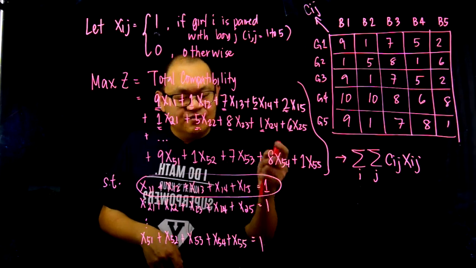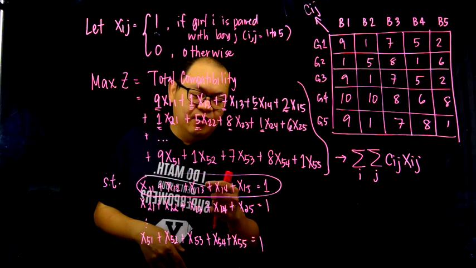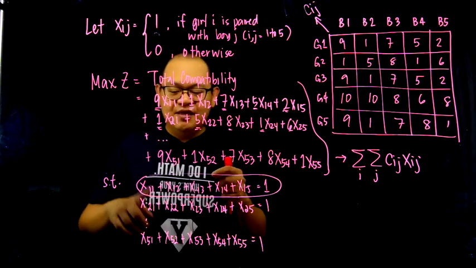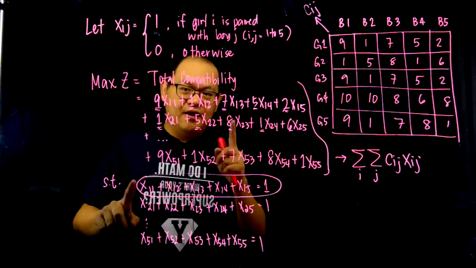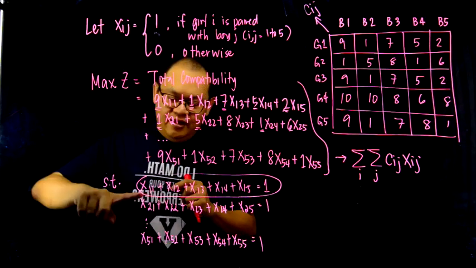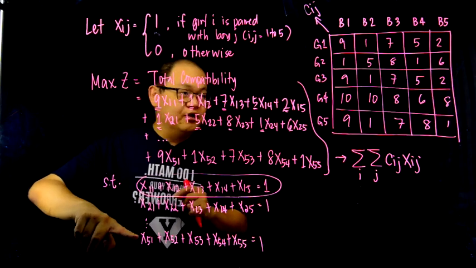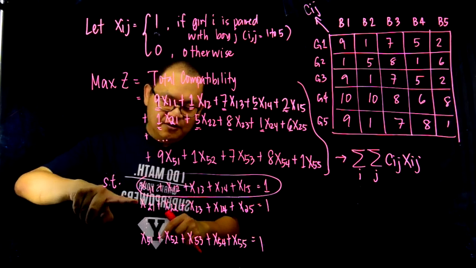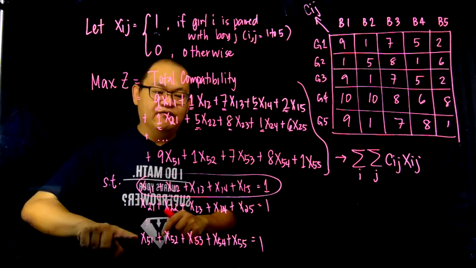And if one of the variables is 1, then the rest are 0. Which means girl 1 can only be paired with one boy. And each of the other constraints will pertain to the different girls in the group. So this is for girl 1, girl 2, until girl 5.